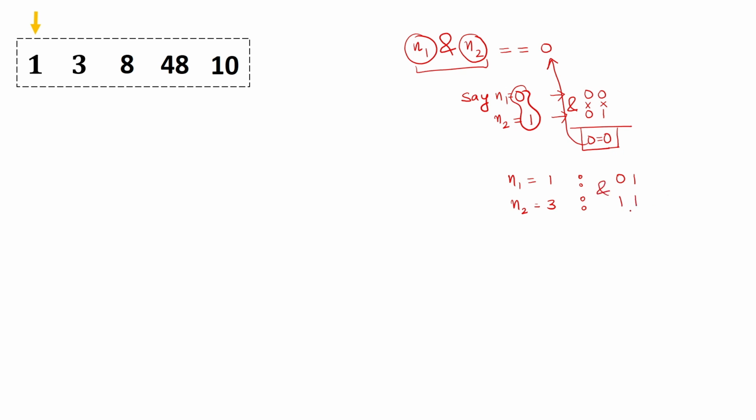What do I need to check? I need to check the bitwise AND. So what is true and true? It's true. What is true and false? It's false. Now I see that the result, 0, 1 in binary, is in no way equal to 0, because you have a set bit.